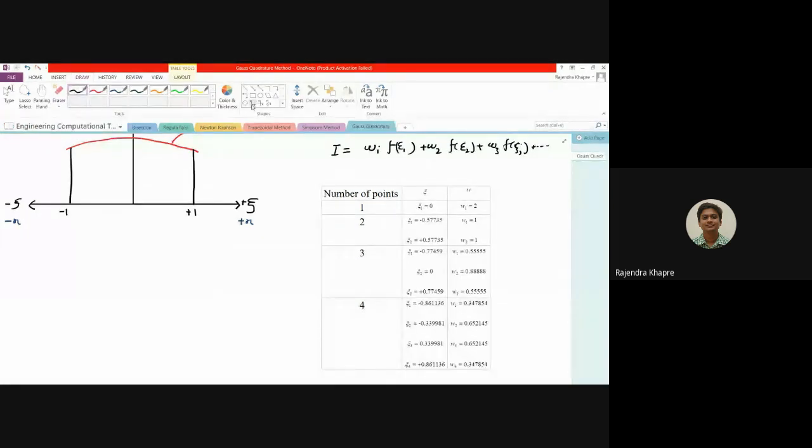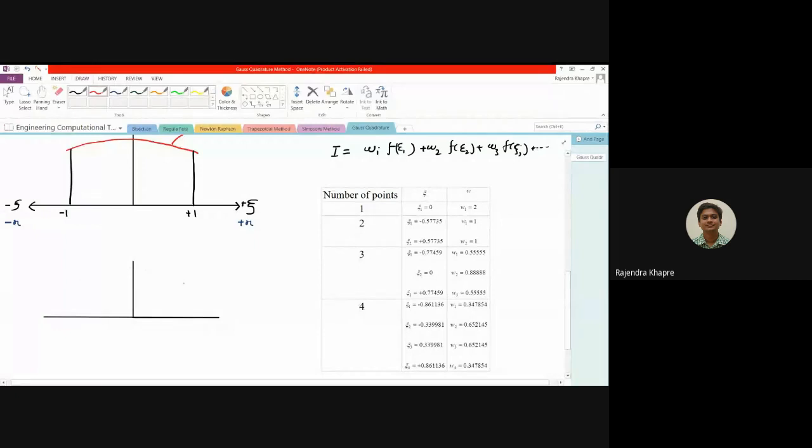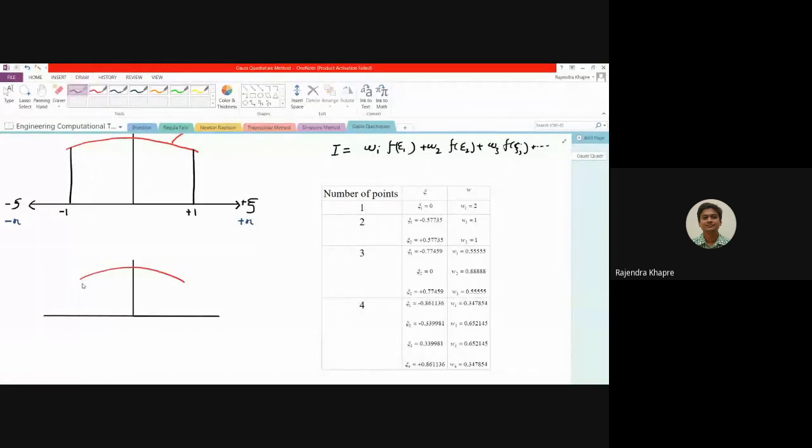Okay, so this means what? We have a curve which is from negative as well as positive over here, and we have a third degree curve. The third degree curve will look like this, and we are doing the integration from -1 to +1.